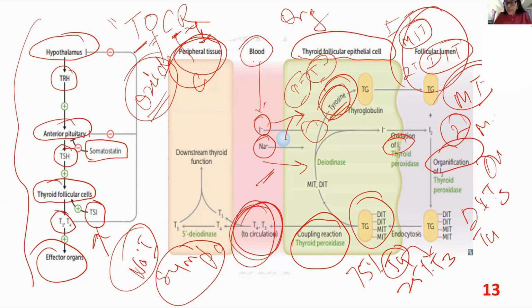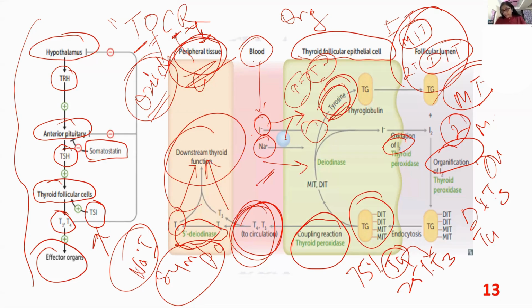T4. But which form is active? T3. At the tissue level, T4 is converted into T3 by the enzyme 5-deiodinase. One iodine is removed and it forms T3, the active form, and this T3 will act at the organs.